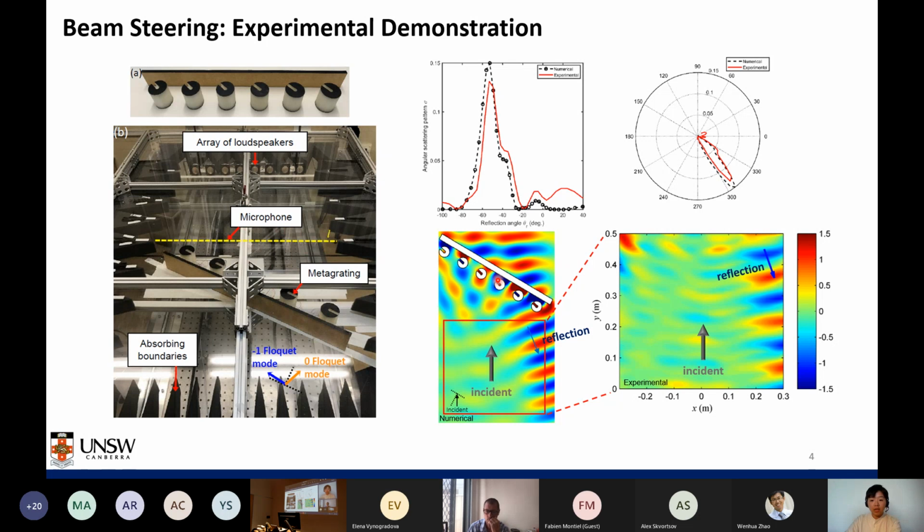From the measured angular scattering pattern, as shown in the top 2 figures, a main lobe towards negative 52 degrees, as indicated by the red solid line, can be clearly seen. And we also measured the 2-dimensional scattered pressure field inside the waveguide, as shown by the bottom right figures here. The beam reflection at negative 52 degrees can also be seen, which shows very good agreement with the numerical simulations.